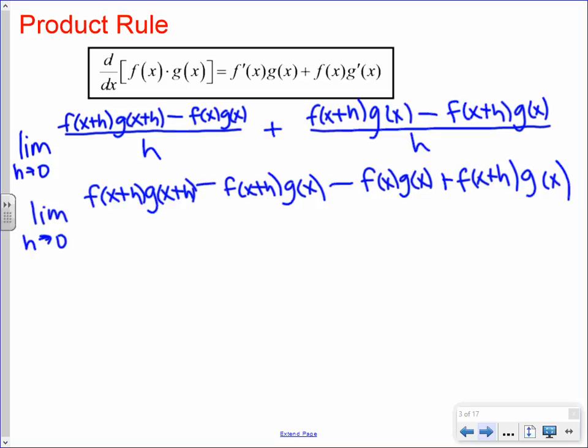Sorry. So I moved this one over to here, and I moved this one to here, this one to here. Okay?